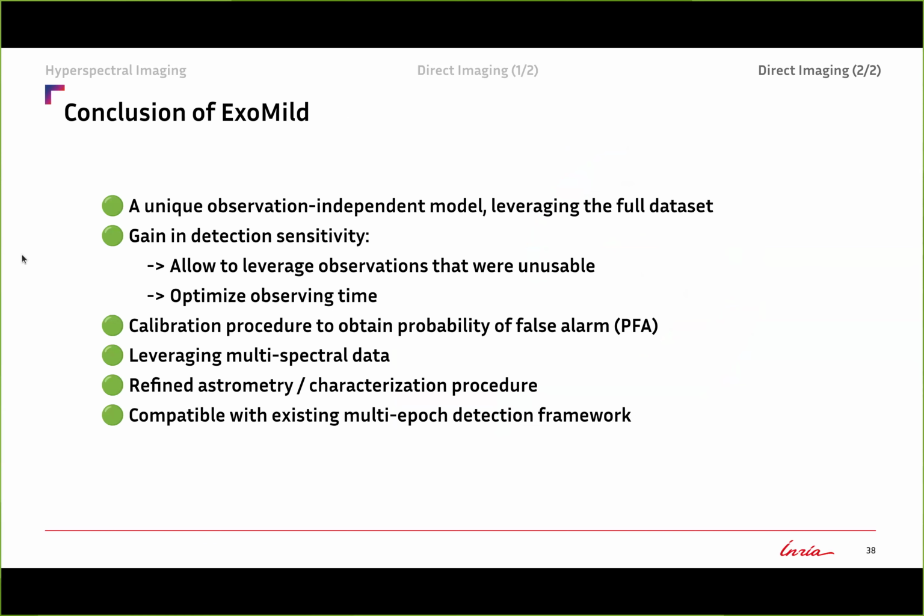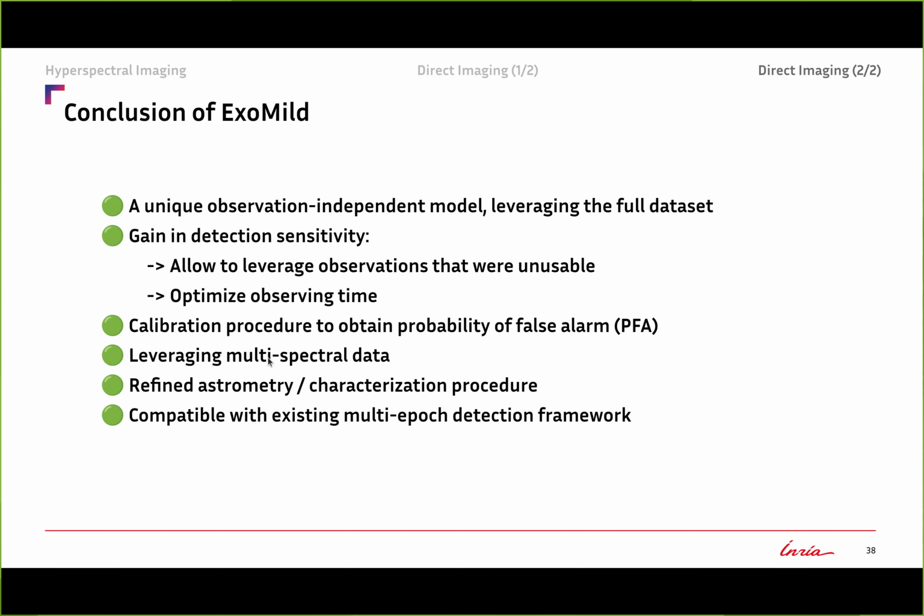So yeah, just to conclude on ExoMind. We still have a model that is able to leverage a full data set of observations, because we still have some learnable components in the statistical model. So it has the same advantages as MODEL&CO. We can also do the calibration similar to MODEL&CO.